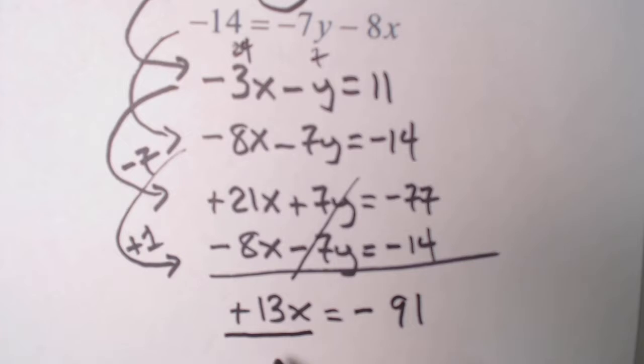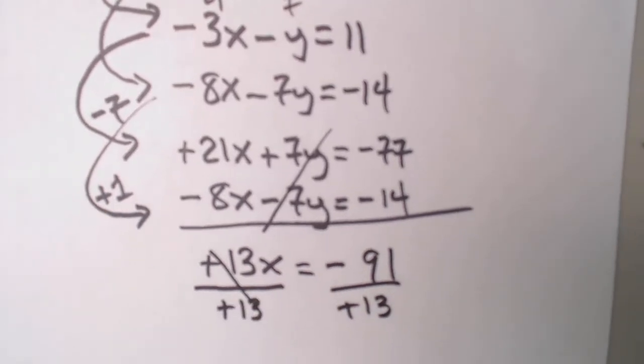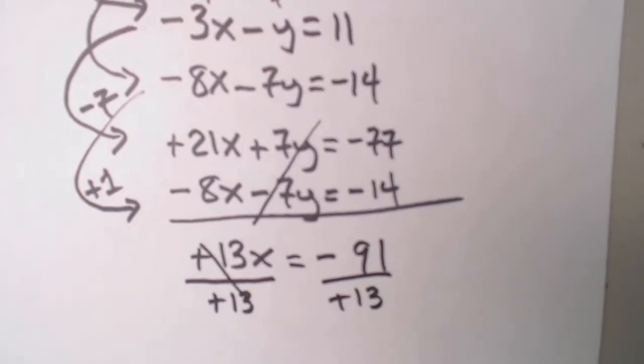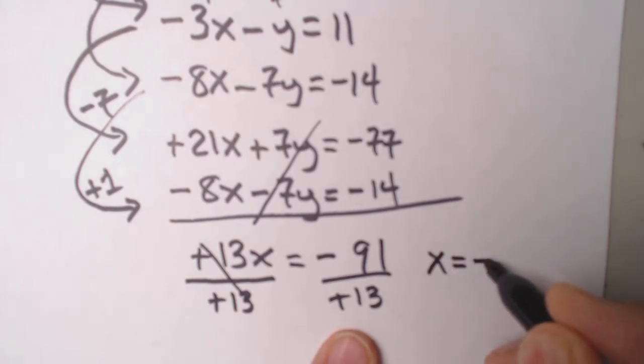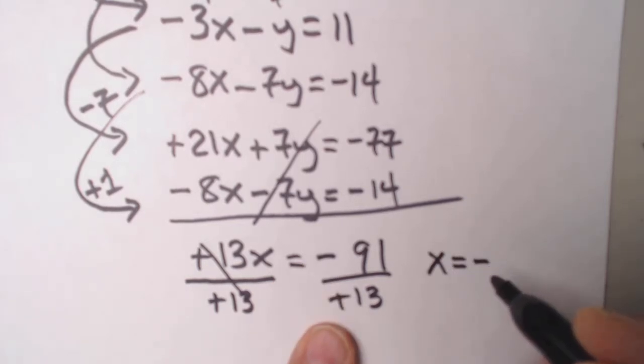Well, let's divide both sides here by positive 13. Here it goes. The 13s go out. Now let's see, I've got a feeling this probably goes into this 7 times, huh? So x equals, there's a minus. Plus and minus give me a minus.